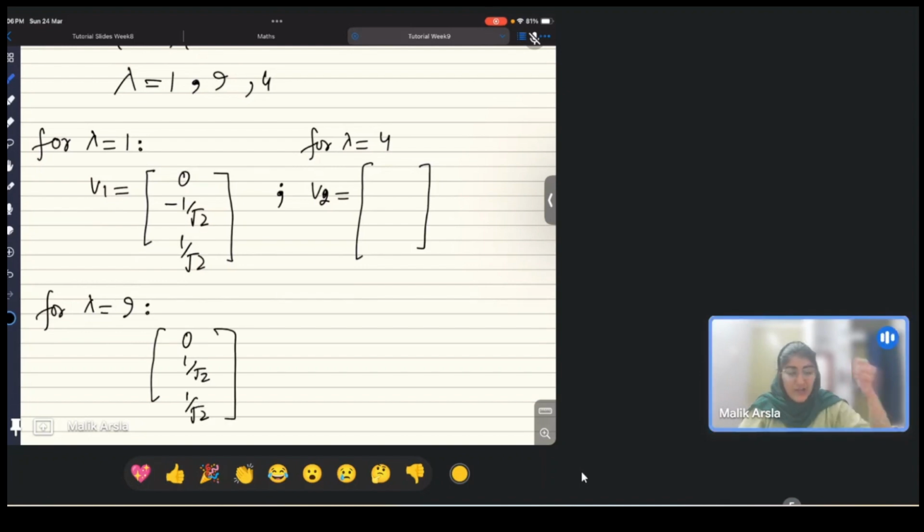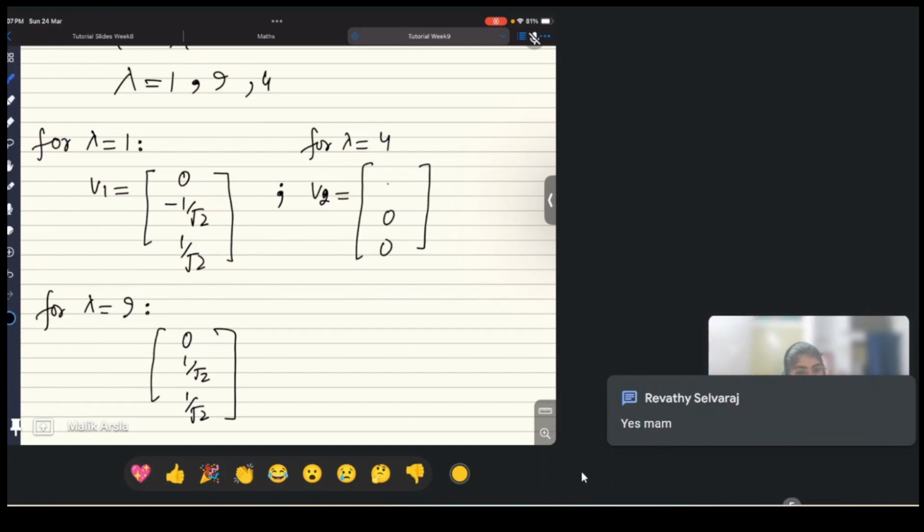This one is correct. For lambda equal to 4, you are calculating incorrectly. That will be equal to 1, 0, 0. You will get something like this.